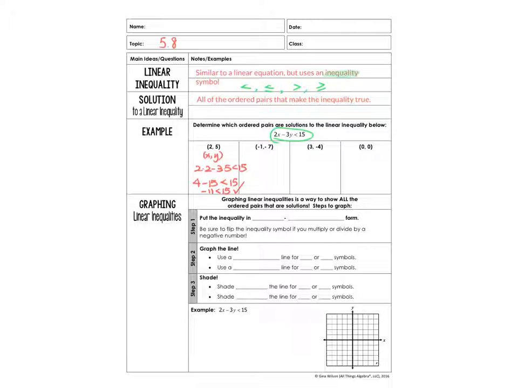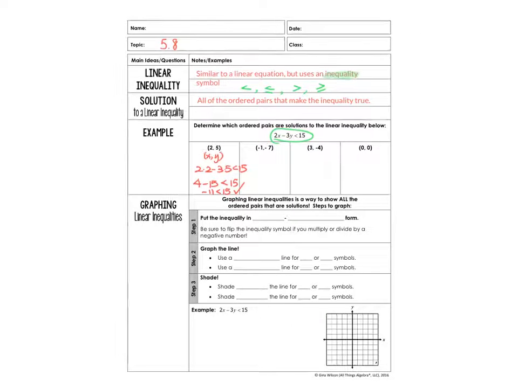Okay, and now try the second one. I'll change the color. If I plug in x, 2x is 2 times negative 1. So I'm using parentheses to protect my negative signs, and y is negative 7. So is it less than positive 15? I have negative 2 minus 3 times negative 7, which is minus negative 21.